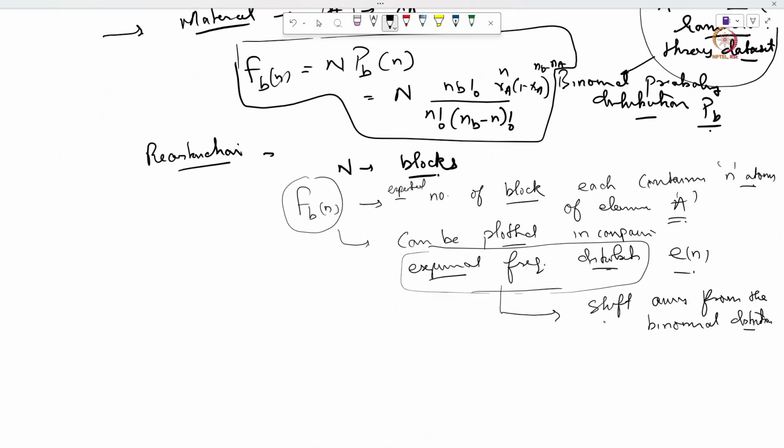Okay, if there is a shift as compared to the binomial distribution of this particular element A, it indicates that the atoms are arranged in a non-random manner.